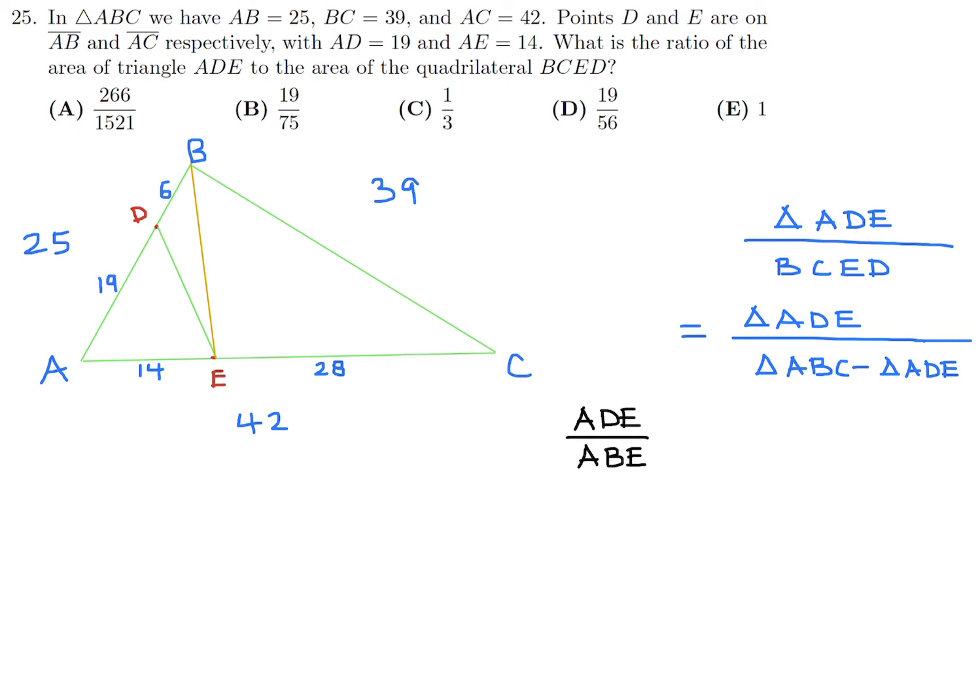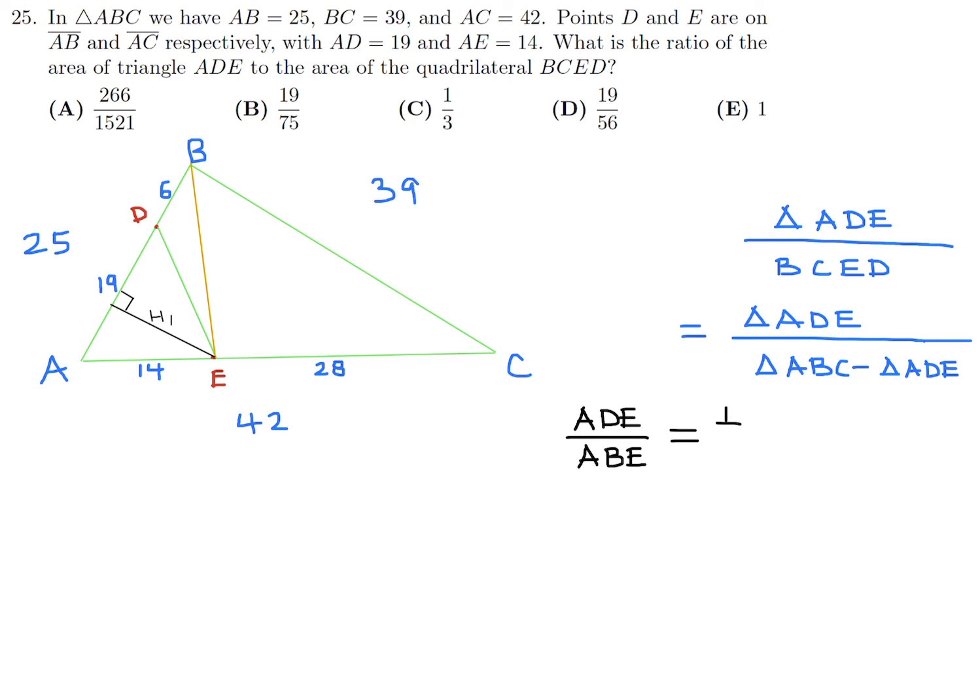Now I want you to understand this, so I'm going to draw a height to show you how this can be arranged. This is my height, my perpendicular distance from E to the base, and I'll call that H1. Now let's figure out the area.